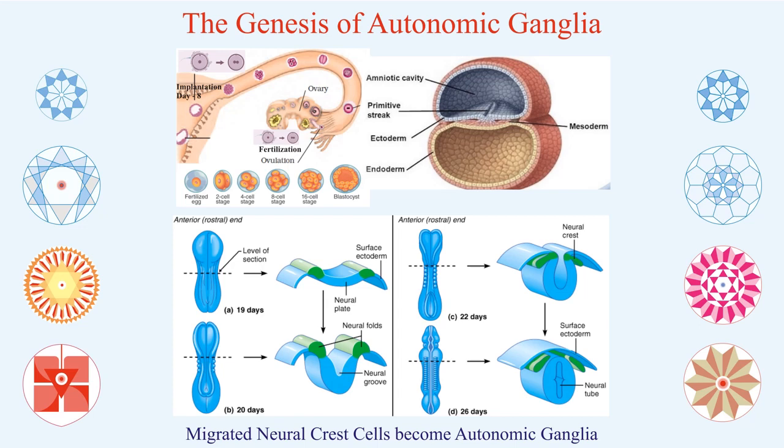The neural groove becomes the neural tube, the surface ectoderm becomes complete for skin, and these green parts lead to the formation of autonomic ganglia. In other words, migrated neural crest cells become autonomic ganglia. They are not a continuous part of the nervous system. They have a different role to play in different parts, but they get connected with the central nervous system and peripheral nervous system through neuron cells. We are going to see that in detail so that we can understand how things happen in the autonomic nervous system.